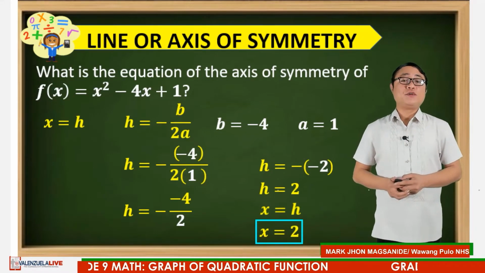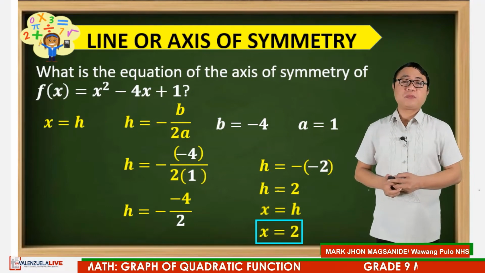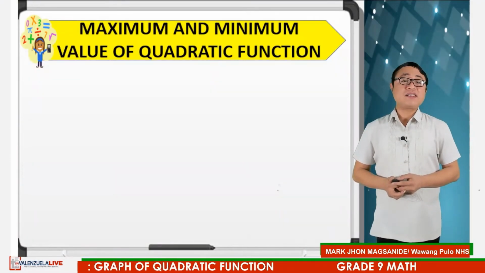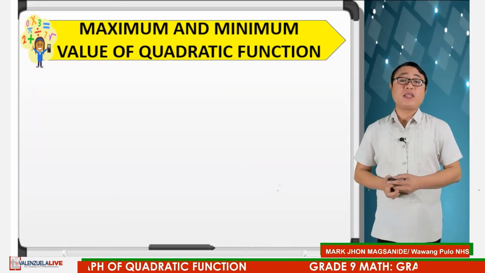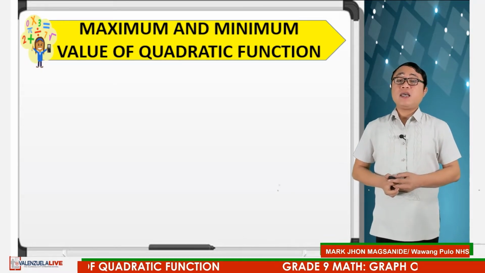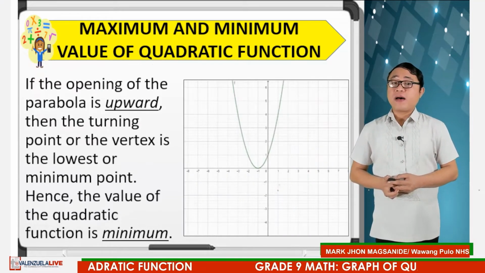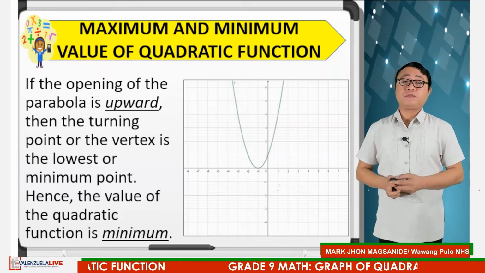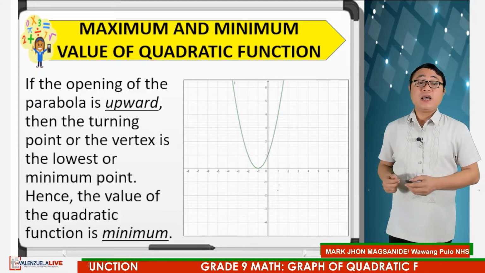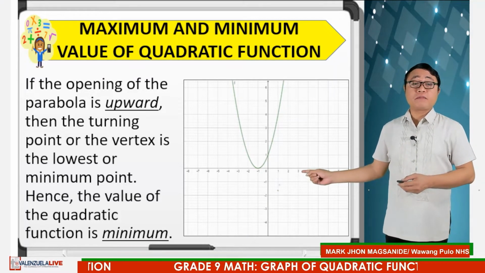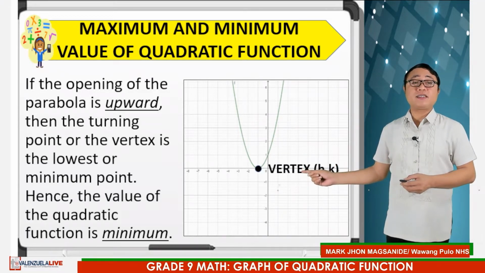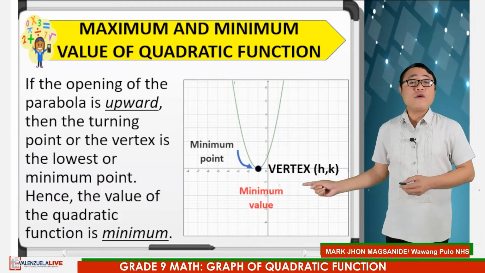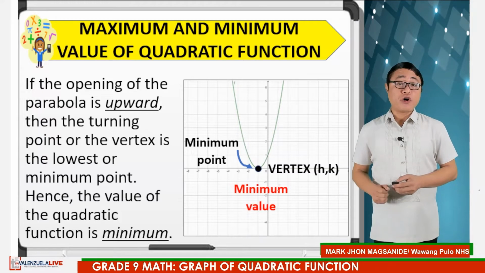Let's continue for the next property. That is the maximum and minimum value of the quadratic function. If the opening of the parabola is upward, as you can see here, then the turning point or the vertex is the lowest or minimum point.